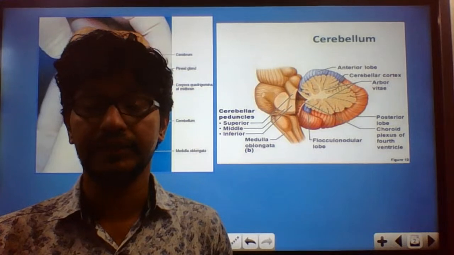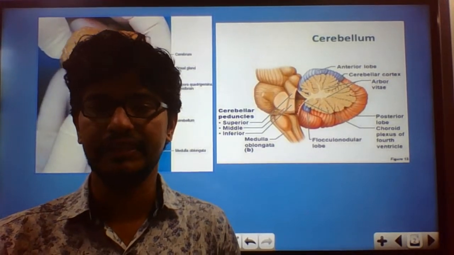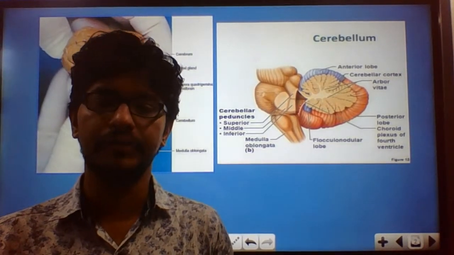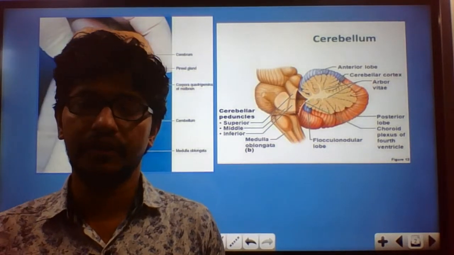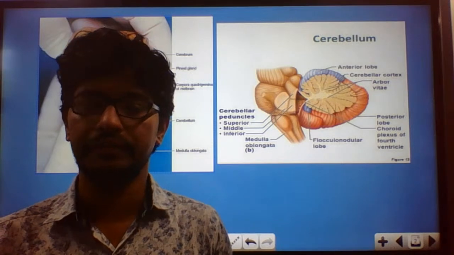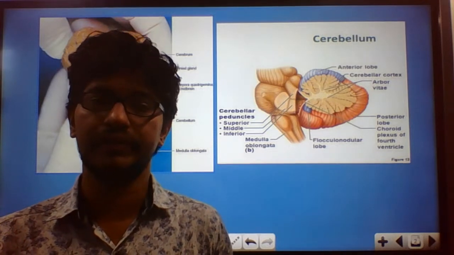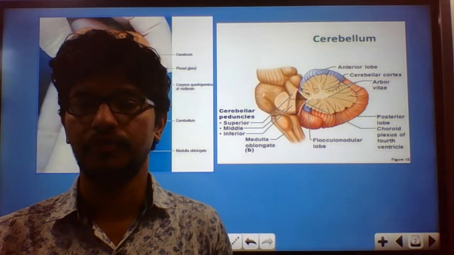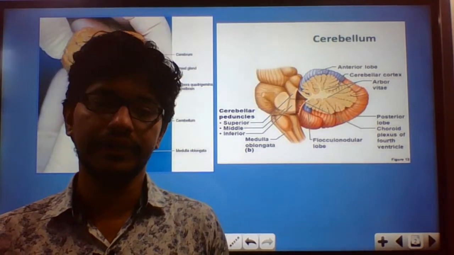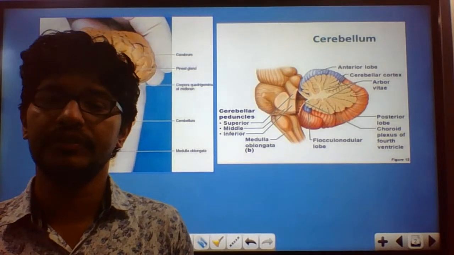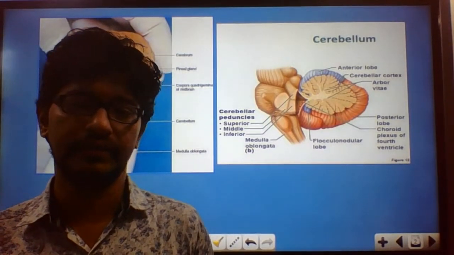Especially we discussed the limbic system, the hippocampus, amygdala, and their functions, and the lobes: the temporal lobe, parietal lobe, and occipital lobe, right? So this is what we discussed so far in this chapter in the last class.